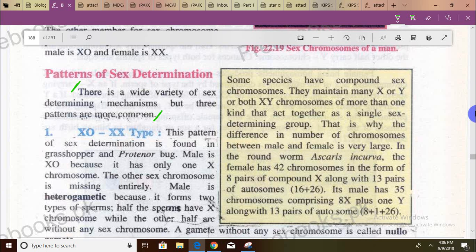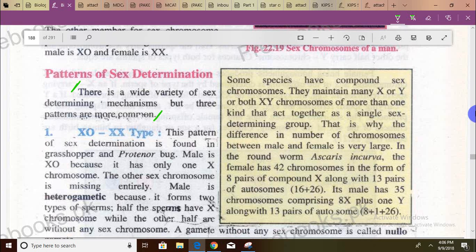So compound sex chromosome. For the male, there are just 35 because we have 8 X's, 1 Y, and just 13 pairs of autosomes. So the autosomes part is the same. 8X, 1Y plus 13 pairs of autosomes. So this is an entirely interesting way.